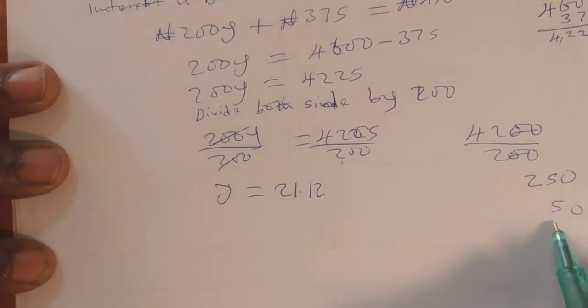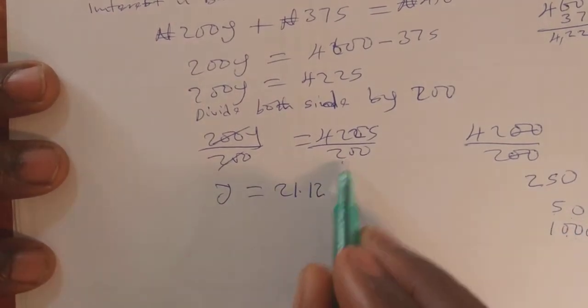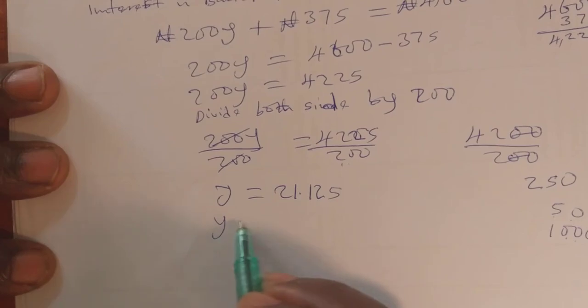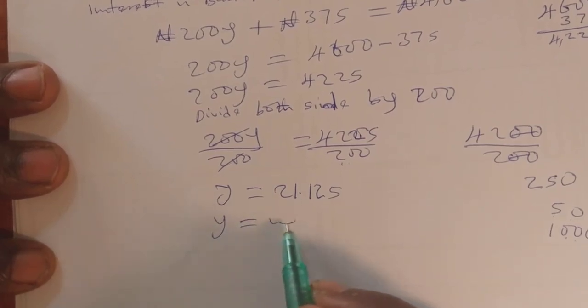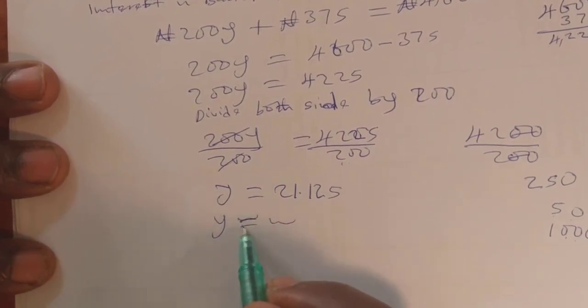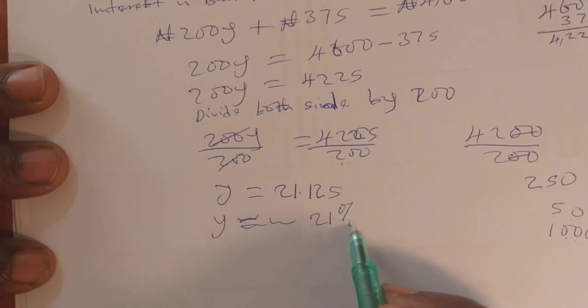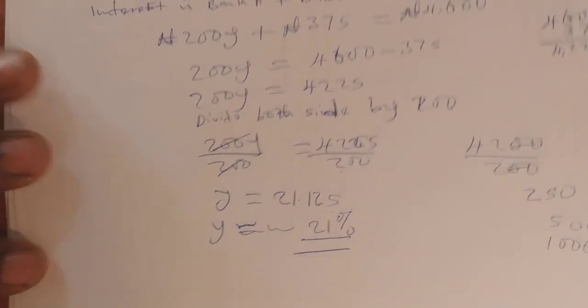Then we are still left with 100. 100 divided by 200 cannot, so when you add 0 it is 1,000. 1,000 divided by this will give us 5. So the rate, approximately, is 21%. That's the value of Y that we have.